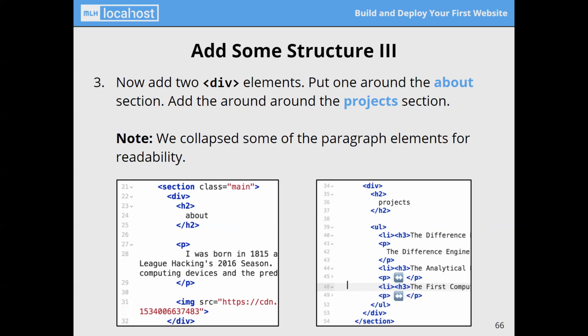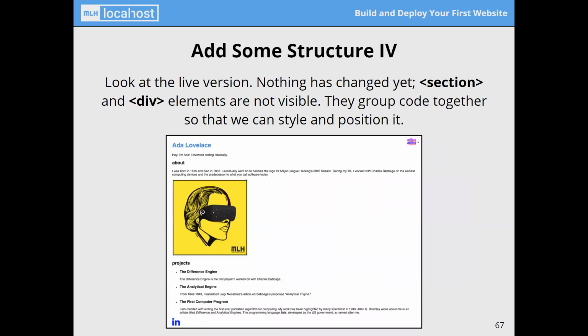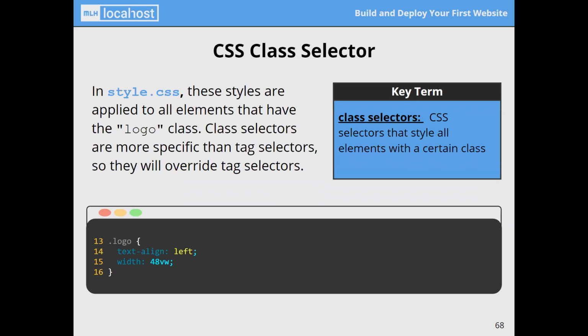All right, so hopefully everyone's done with that. And as I've said earlier, your web page should remain the same. So let's go ahead and dive a little bit more into this. In style.css, these styles are applied to all elements that have the logo class.